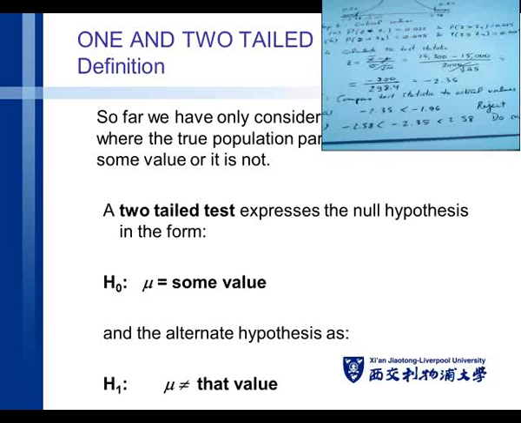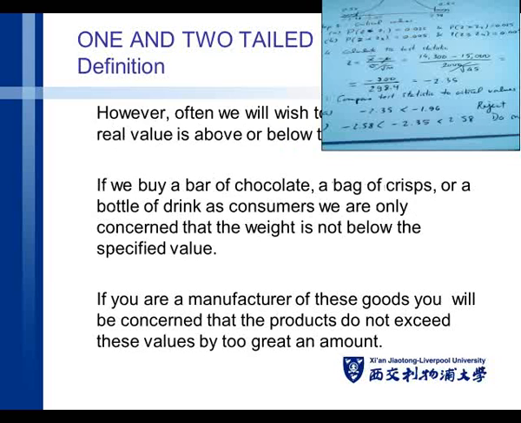But you might be interested in just one type of effect. Suppose, for example, you are a consumer and you buy a bar of chocolate or some bottled drink. Your concern is that the weight or the contents is not smaller than what's safe.